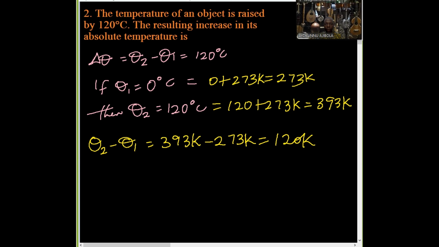So with this, we can conclude that a change in temperature of 1 degree Celsius is the same as 1 Kelvin. Why? Because it's 120, and here we also arrived at 120.